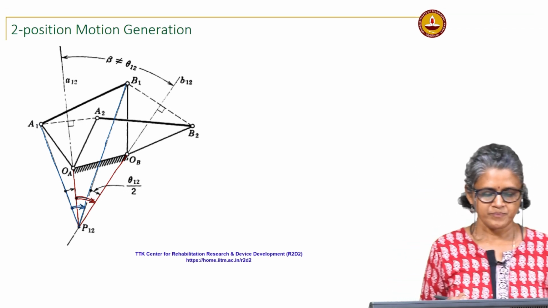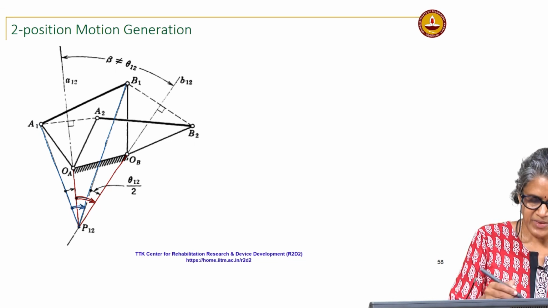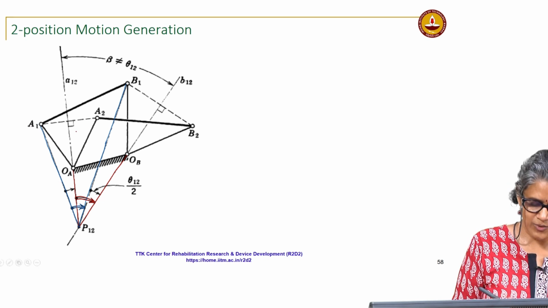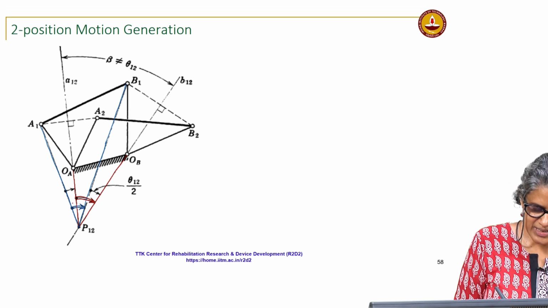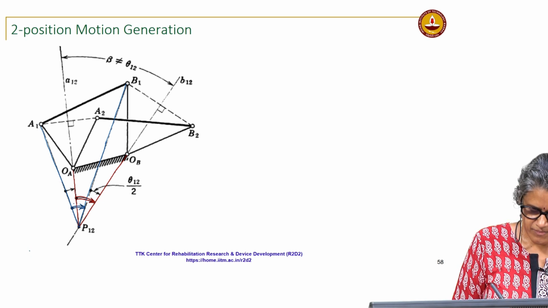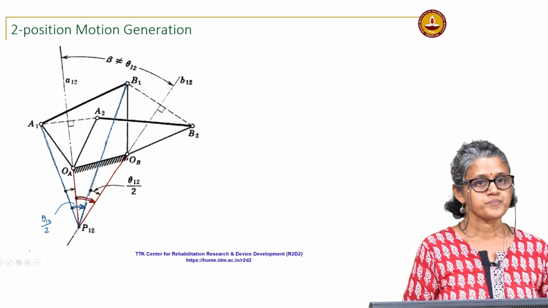Okay. Now, tell me, this is the perpendicular bisector of A1 A2. Okay. So, this angle here, this angle, what is it equal to? Theta 12 by 2.